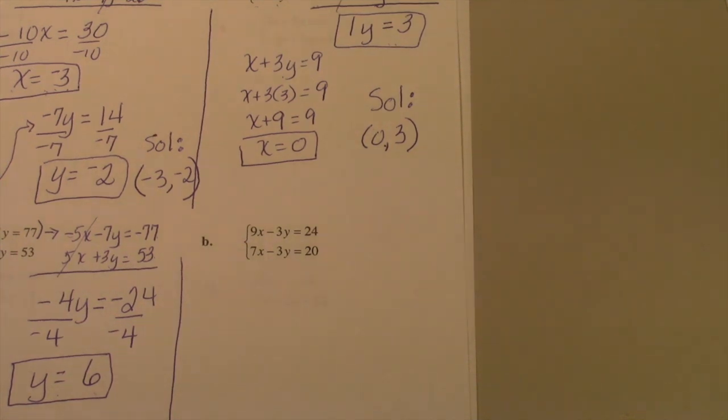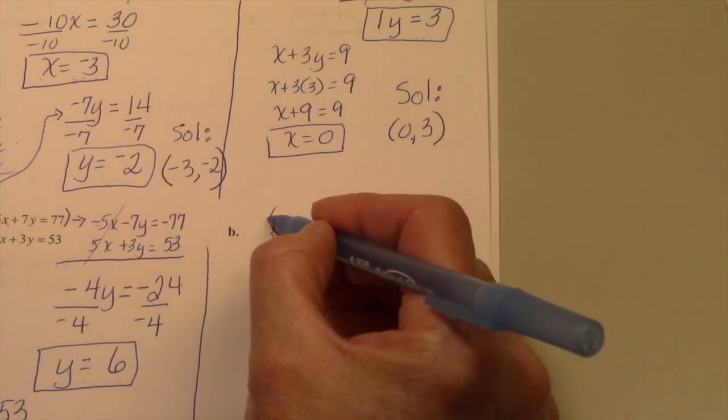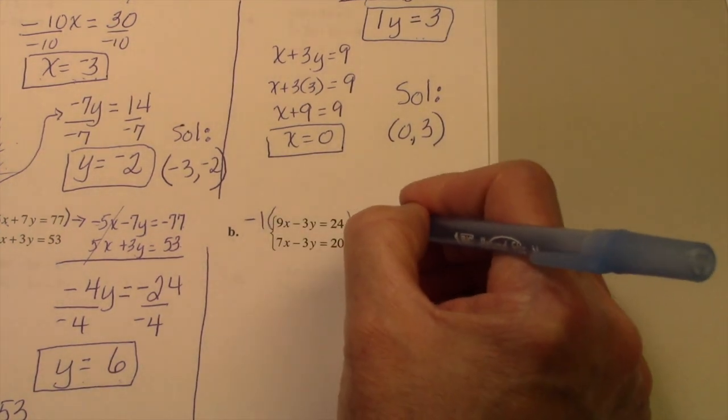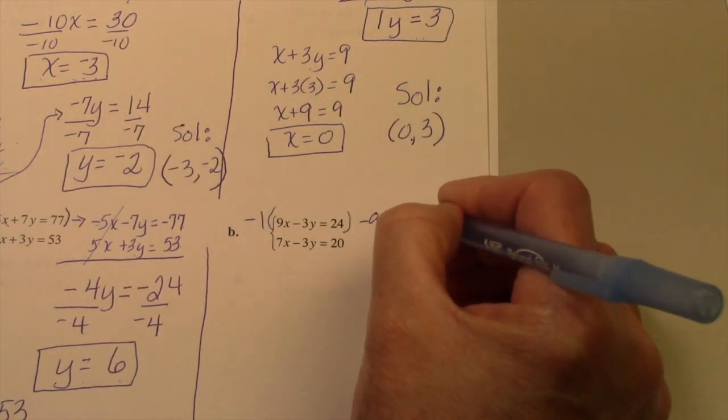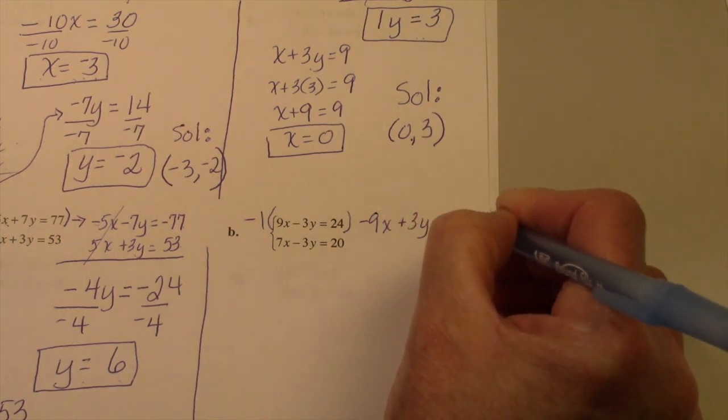Okay, the y's would be nice if they would cancel out. But they're both negative 3y, so I have to multiply one of them, so I just stick with the top by negative 1. Negative 9x plus 3y equals negative 24.